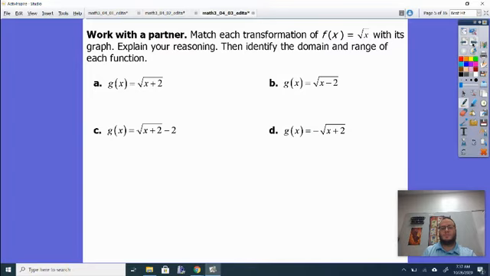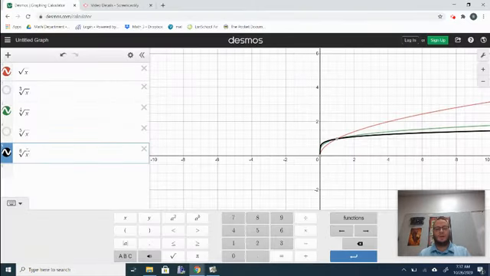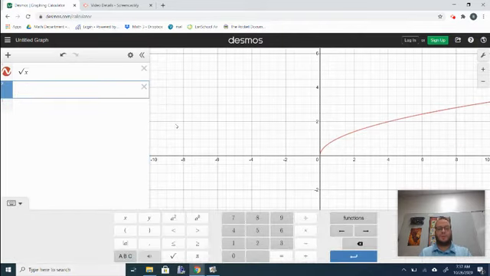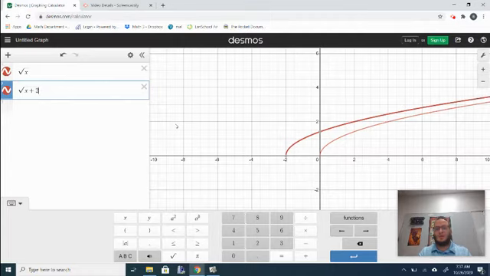Okay, so that being said, we want to look at these transformations, and so we're just looking at square root for a second. We're going to do these really quick and just see how they work. I'm starting out, I'm going to keep my parent function there. I'm going to do plus 2 and then minus 2, so we're going to do the square root of x plus 2. If you notice, it went to the left.